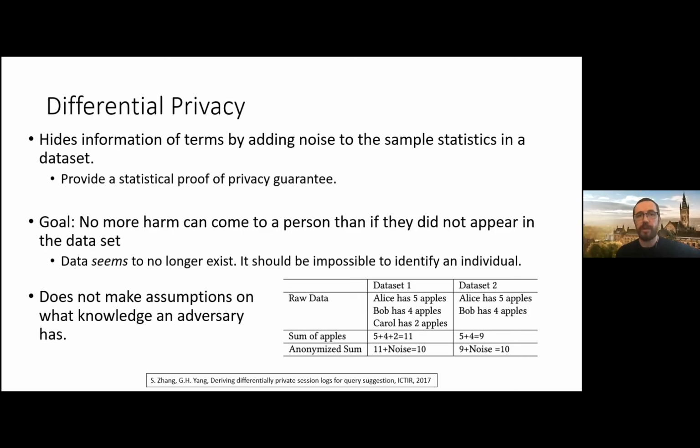But the last approach we're going to discuss in this section takes a different view. Instead of changing the sensitive information, or the statistics about sensitive information in the collection, it would be great if there was a way that we could just release the whole collection with all the sensitivities in it.